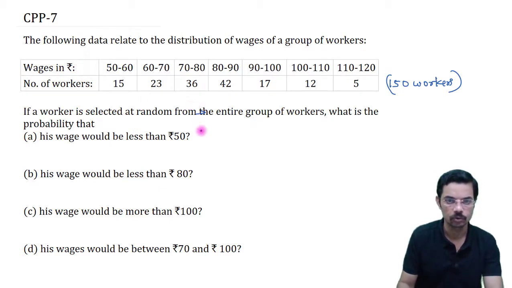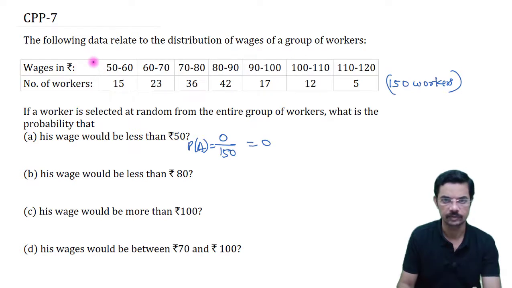It will be 0 divided by 150. If this is A, probability of A will be equal to 0. There are no people getting less than 50.